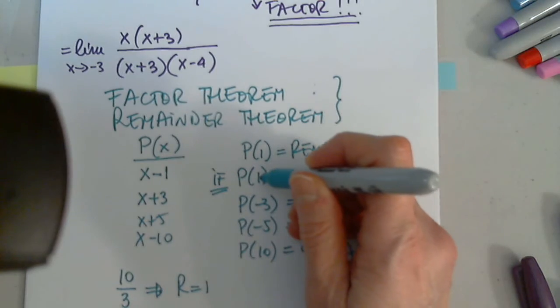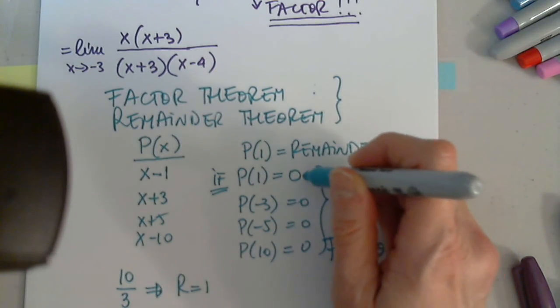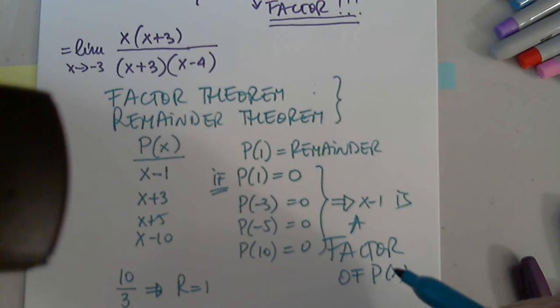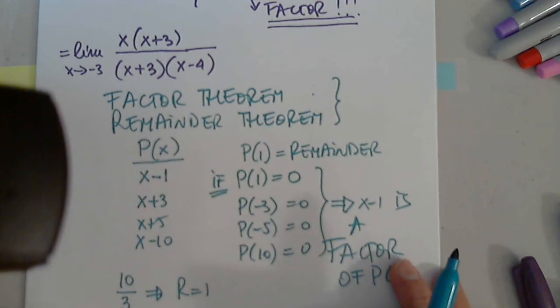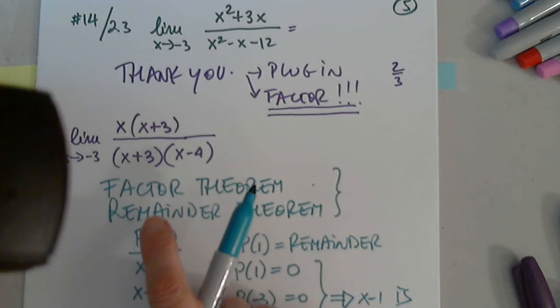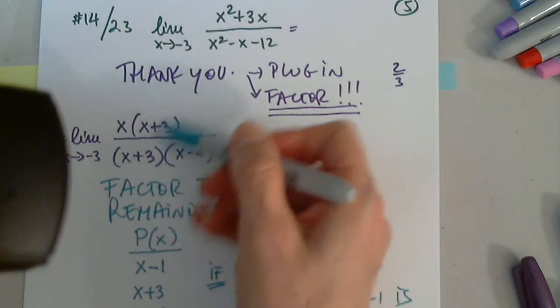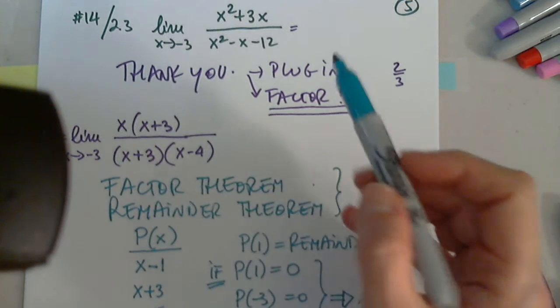If when I plug in 1 and I get 0, then x minus 1 is a factor. So, coming back to our problem, it's already clear. You already have the factors here. Yes.